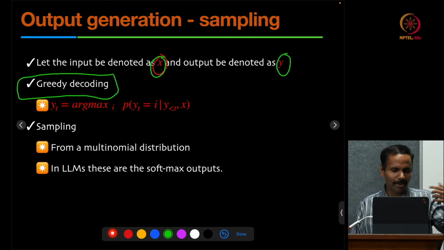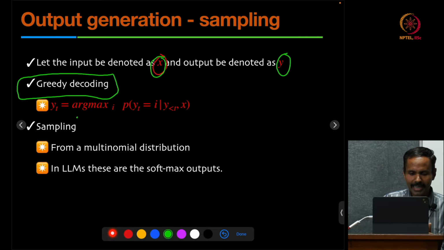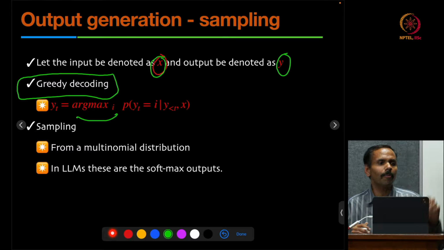Given the output at time instant t, you pick at every instance the max over all possible tokens in the output probability side. All the input in the context plus the previous output in the context goes in and the model generates a set of probabilities. You are just picking the top one.